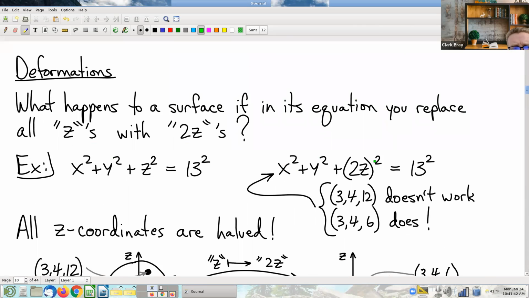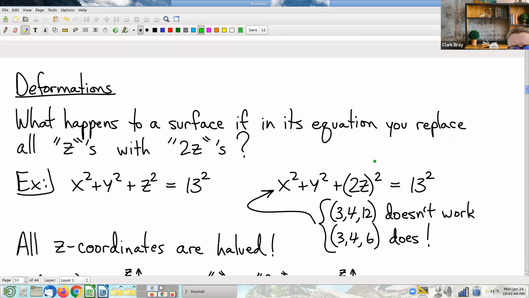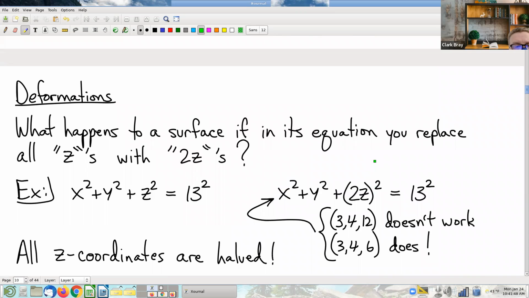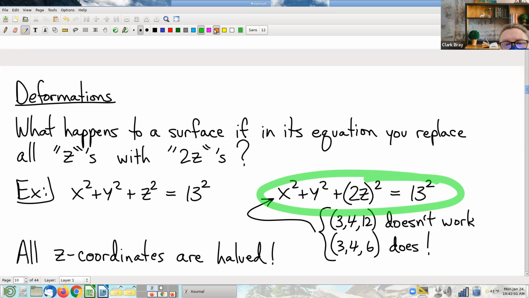Okay, so deformations. Very often we're looking at an equation, something like that, for example, where there are x's and y's, but the equation has some weirdo constant in it that makes it not exactly the same as something I've seen before.